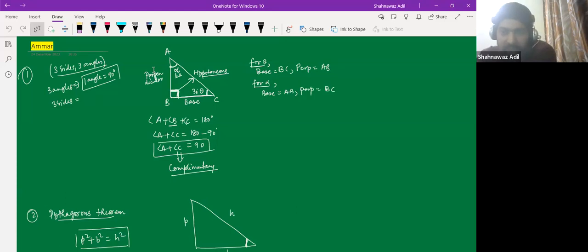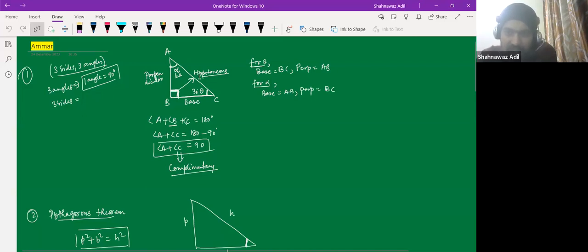So you already know one angle which is 90 degrees, and then the other two angles give the trigonometric ratios, right? In a right angle triangle, you have the hypotenuse, base, and perpendicular.